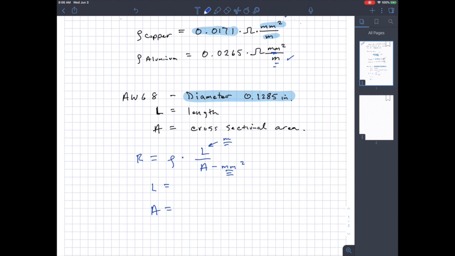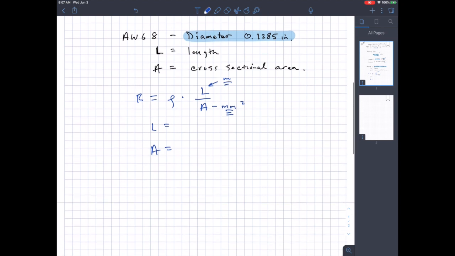Okay, so I have a goal in mind at this point. I want to convert L into meters and cross-sectional area into millimeters squared. Okay, so let's go ahead and start that with length, and we'll come back to area.